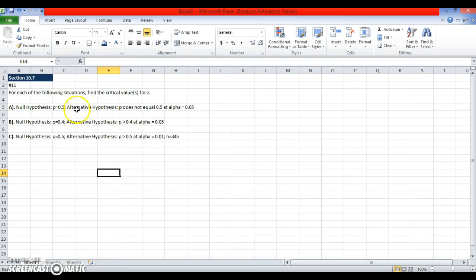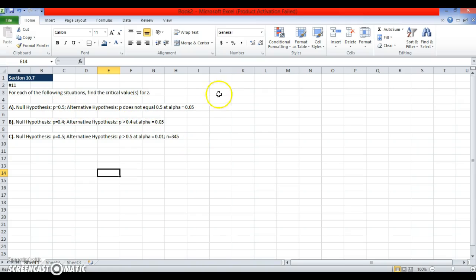This is very cut and dry. I just want to let you know how this works in Excel, how we calculate this, and some of the nuances. Starting with the first one, null hypothesis 0.5, alternative hypothesis does not equal 0.5. When it's equal versus not equal, that means it's a two-tailed test, because the value is either this or on the other side.